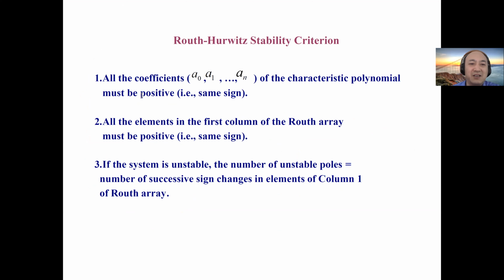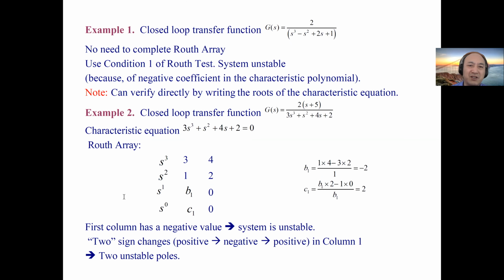All negative is fine, right? So all the elements in the first column must be positive. There's no sign change. If there is a sign change, it's not the same sign, then your system is unstable. But how many unstable poles? It's the number of successive sign changes in the elements of column 1. So we're going to run through examples.